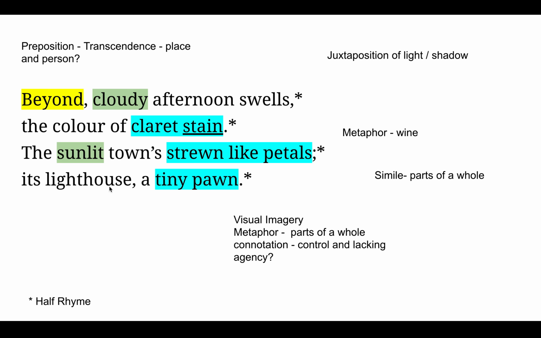And then its lighthouse, so he's focusing in on the town itself, is a tiny pawn, a metaphor here. Now, I think this is interesting. The pawn itself can be considered to be just visual imagery. It looks like a pawn. The lighthouse, its silhouette would look pawn-like.